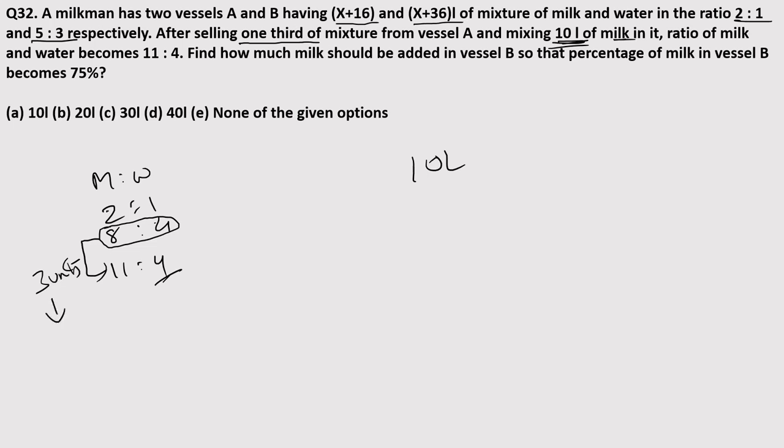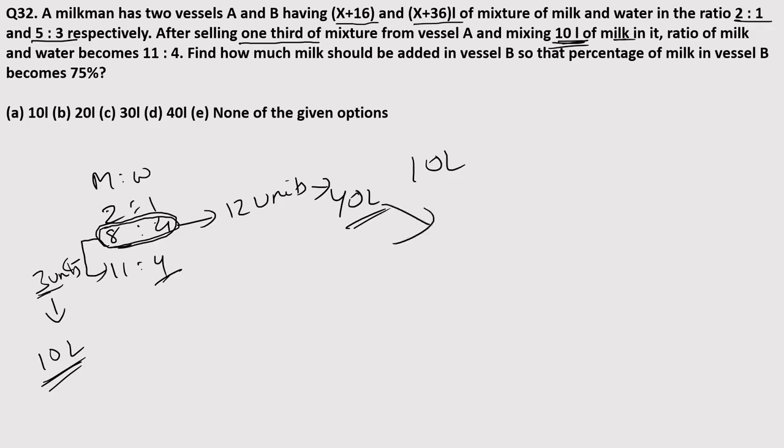And 3 units is 10 liters, because 10 liters of milk is added. So 8 plus 4 is 12 units, so this has to be 40 liters, because 3 units is 10 liters, so 12 units is 10 into 4, 40 liters, fine.